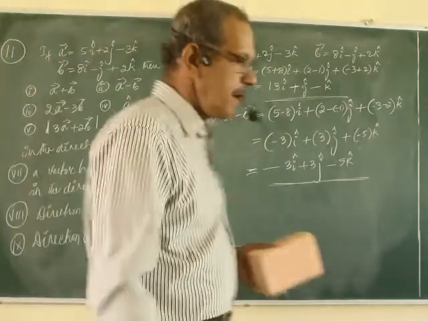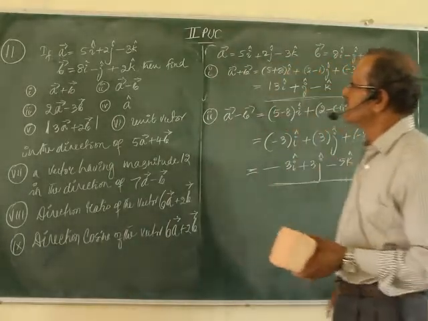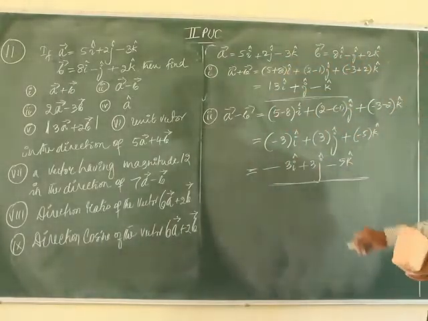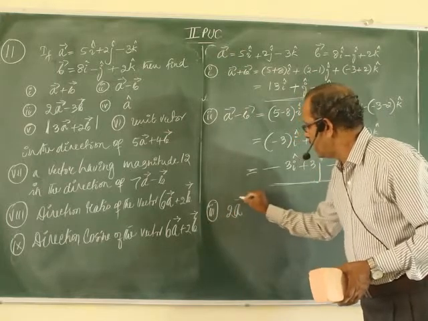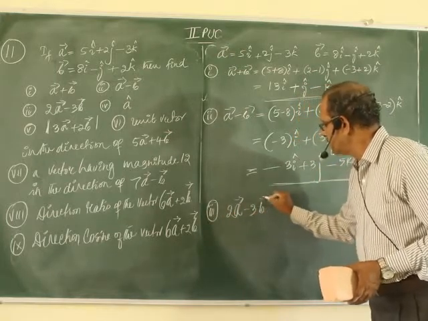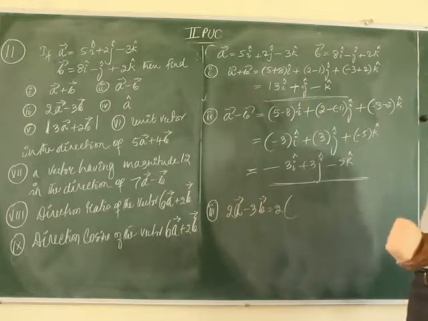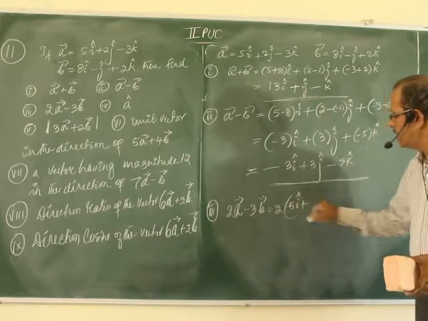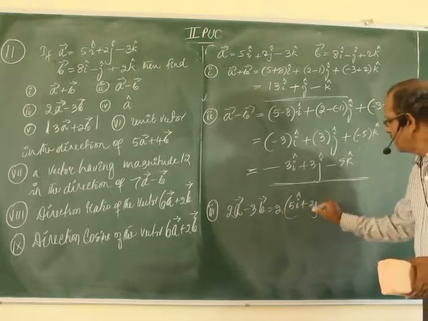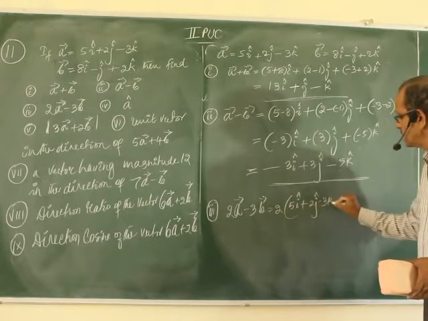Come to the third problem. Third one is 2a minus 3b. Write carefully. 2 into a, 5i plus 2j minus 3k.